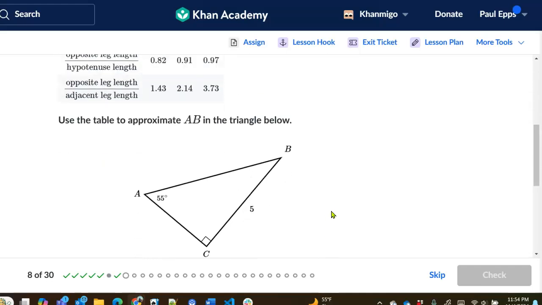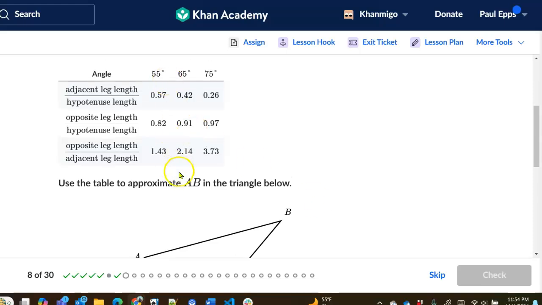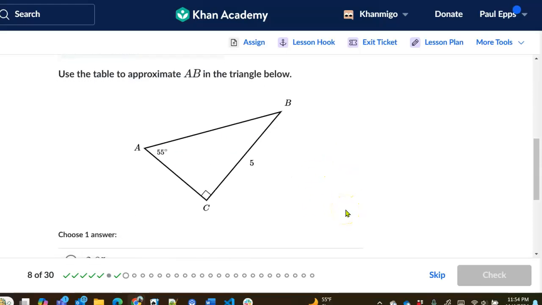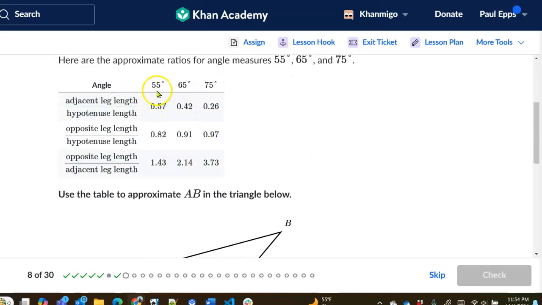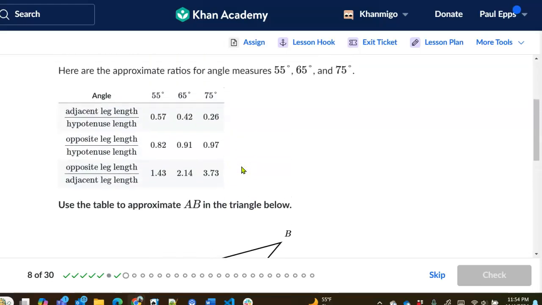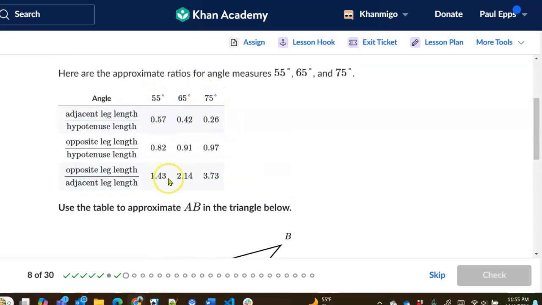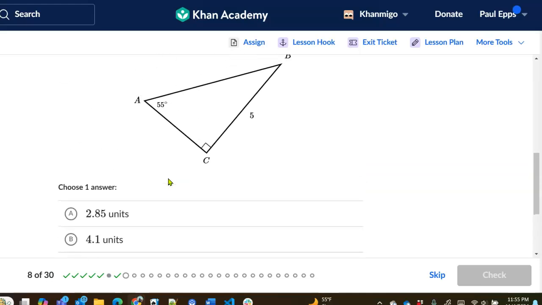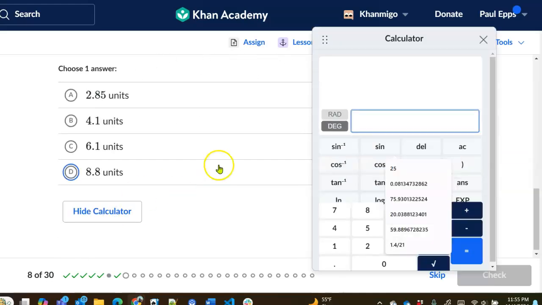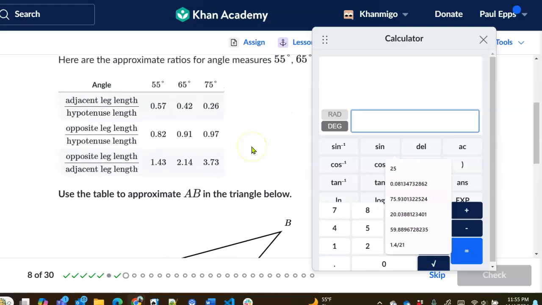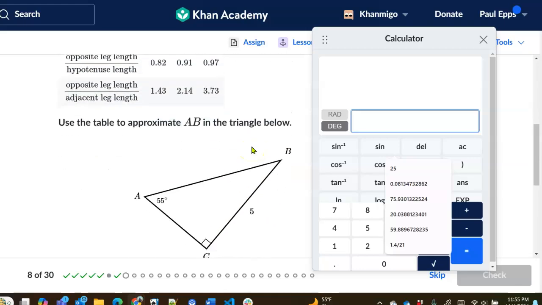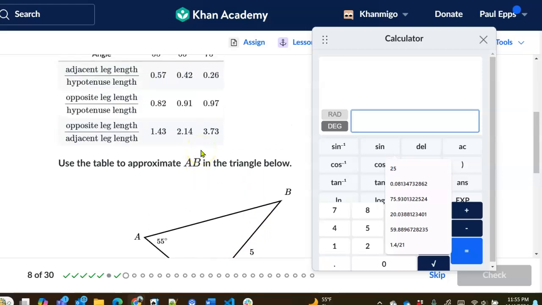So we have 55, so we'll use the first column. We also have the opposite leg, 55, we have the opposite leg. And which one do we want? We want the hypotenuse. All right. Yeah, let me pull the calculator up then. We have the opposite and we want the hypotenuse.